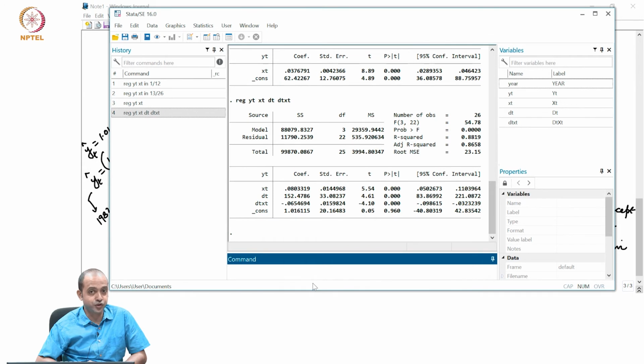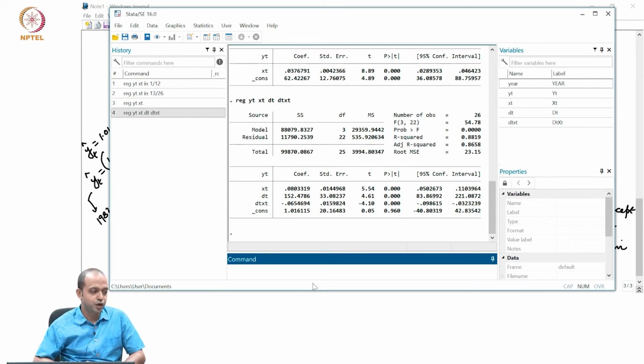That means the post-recession slope is significantly different from the pre-recession period. What about the differential intercept? The value is 152.47, and its level of significance is also 0.000, so it is also highly significant. Both are significant in the post-recession period.